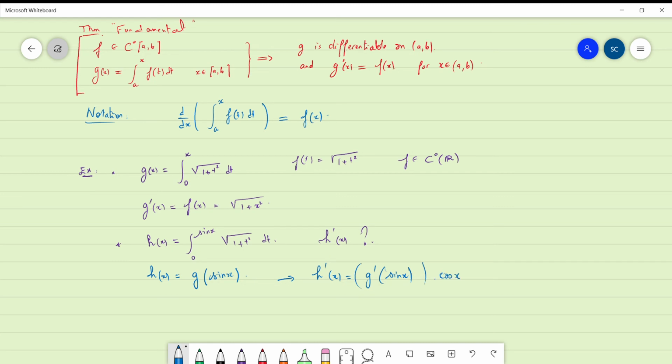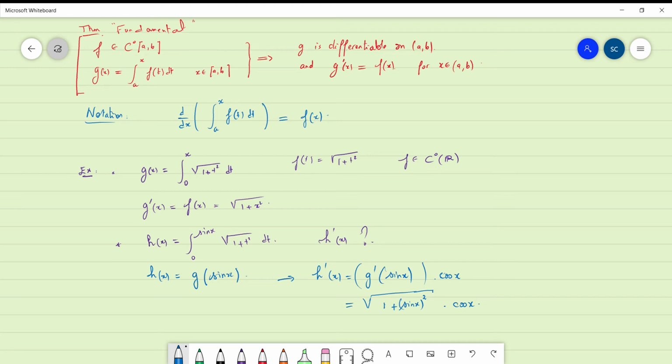Now g prime we computed: it is the square root of 1 plus sine x squared, everything times cosine x. So here is how you can apply this fundamental theorem.